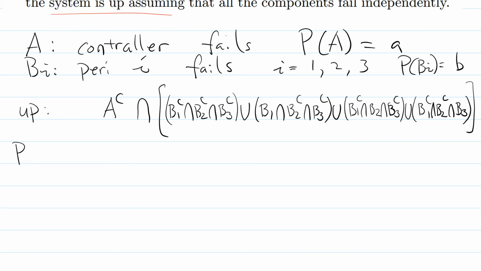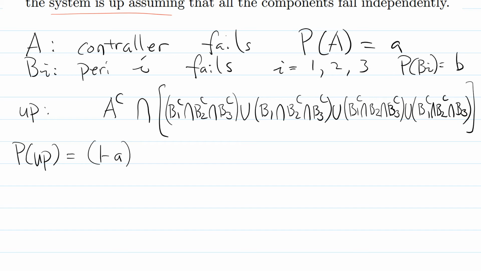We want to find out the probability measure of up, that is P(up). The probability measure of A complement is 1 minus the probability measure of A, so this is 1 minus a.